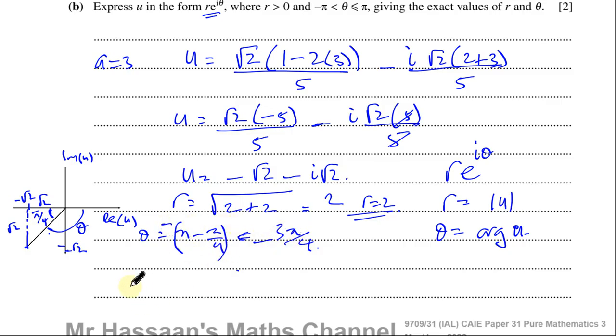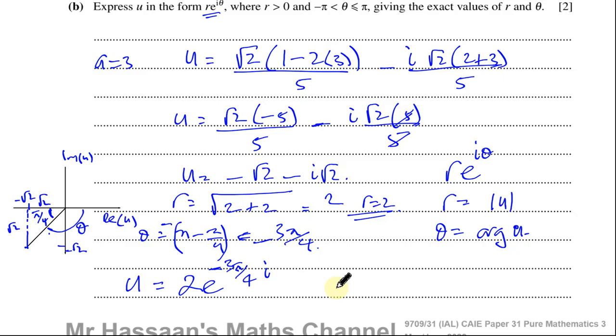Okay, negative 3/4 pi. So let me just write that again. So I can say our complex number u is equal to 2, that's our r, e to the power of negative 3 over 4 pi i. There's the answer to part B.